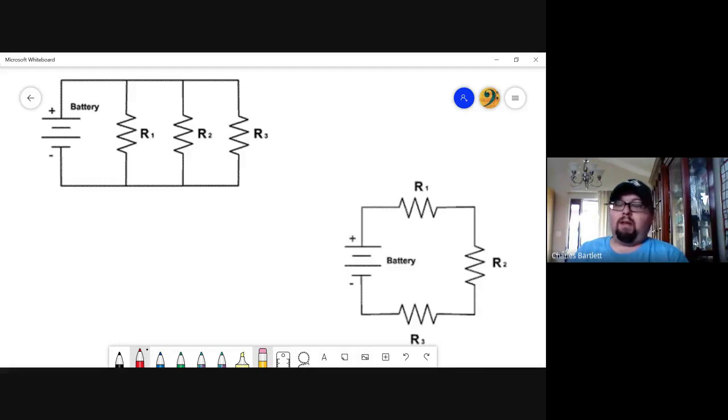One of the best ways to describe a parallel circuit is to describe how it's different from a series circuit. I know this is review, but just bear with me. In our series circuit, if you remember, I had just one pathway for electrons to flow. They couldn't go any other way. They didn't have any other pathway they could use.